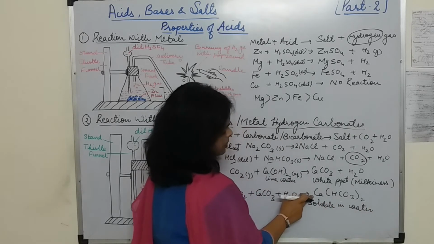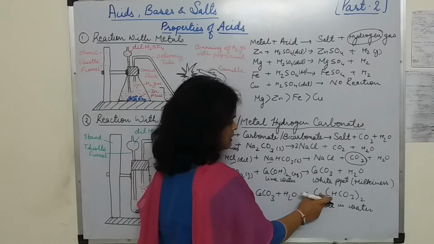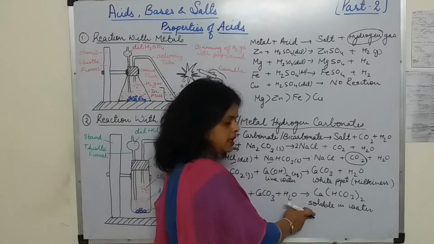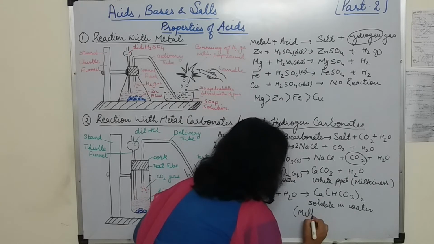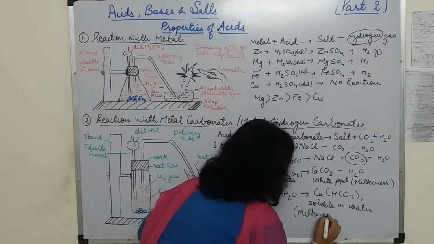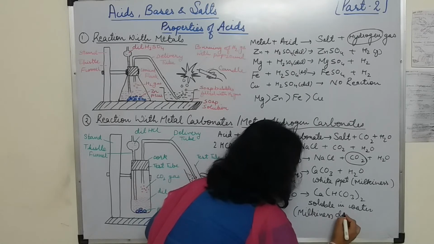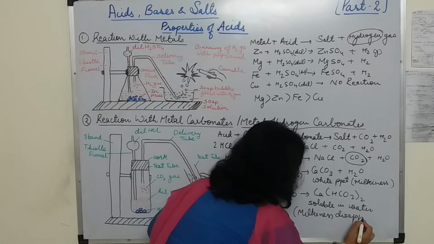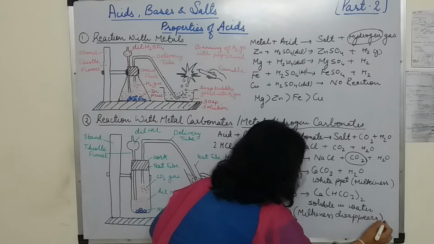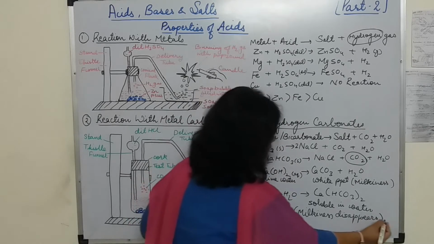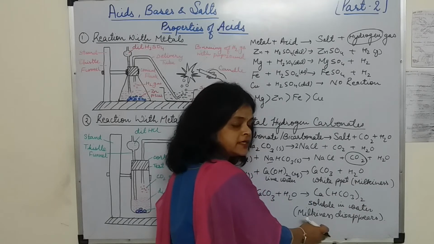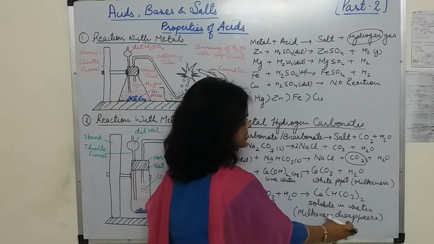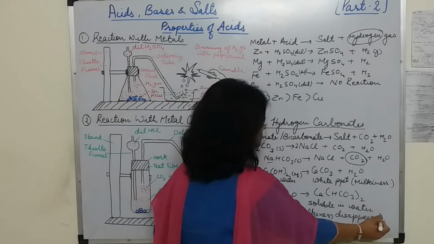What is the name of this compound? Calcium bicarbonate. This calcium bicarbonate is soluble in water. So what we can say? Milkiness disappears. So here first the milkiness appears, and when excess CO2 is passed, the milkiness disappears.